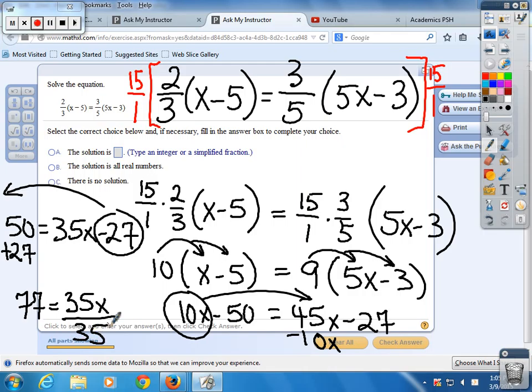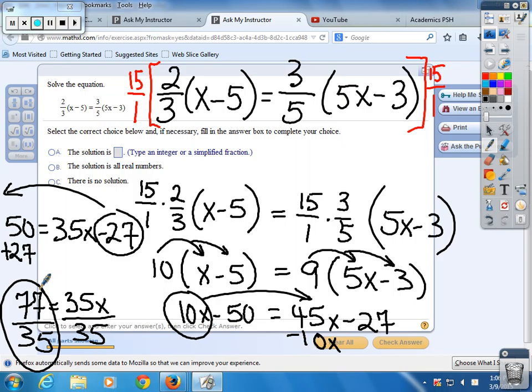Divide by 35. And unless it's reducible, that should be your answer. The only things that will go into 77 are 11 and 7. So 7 will go into 35. Did I see the mistake?